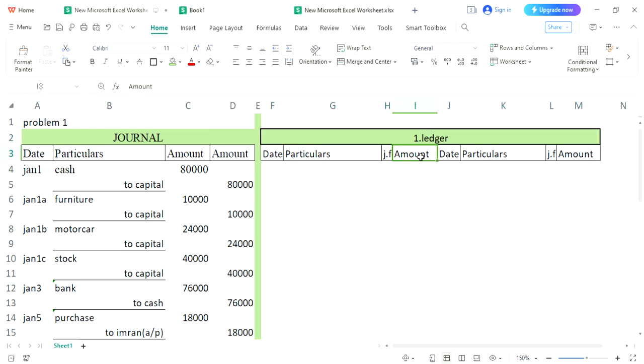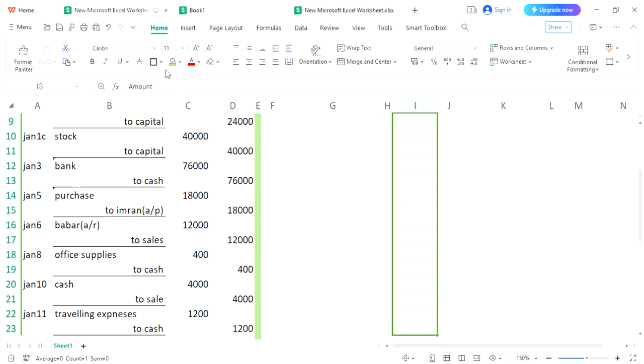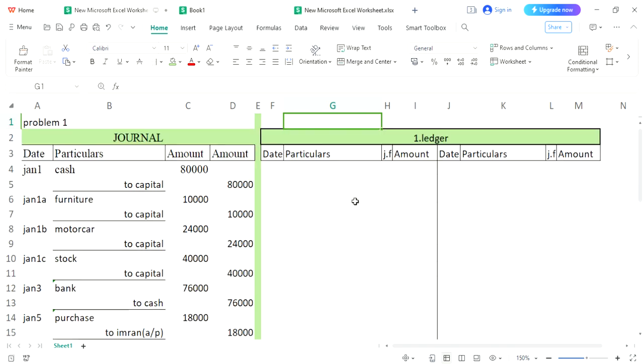You can see the columns from here to your left side have similar headings. So I'm dividing it into two parts. Here you can see that I have divided it: date, particulars, journal folio, amount, again date, particulars, journal folio and amount.